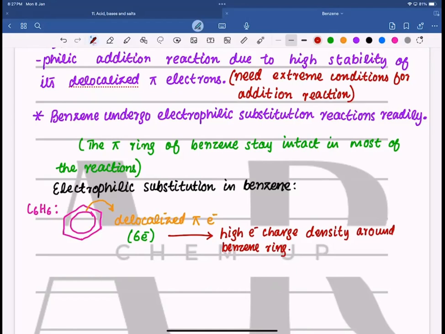If there is a high electron charge density, then due to this, it can attract electrophiles. Electrophiles are electron deficient species which usually have a partial positive or positive charge. So it can attract electrophiles towards itself.